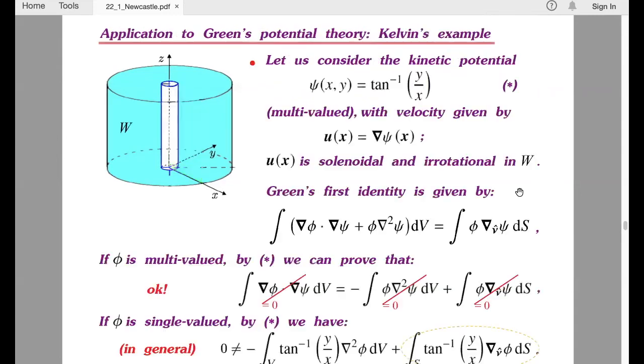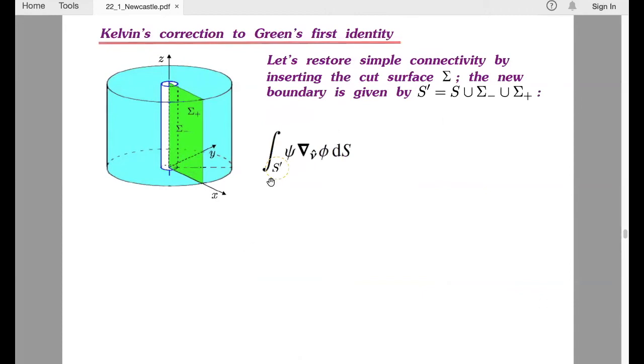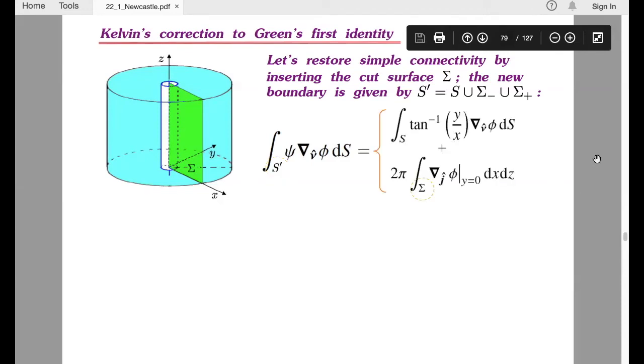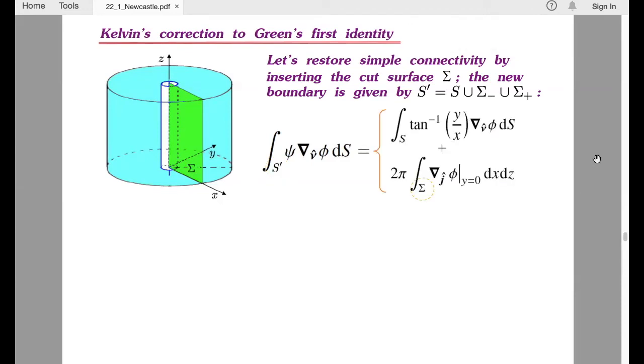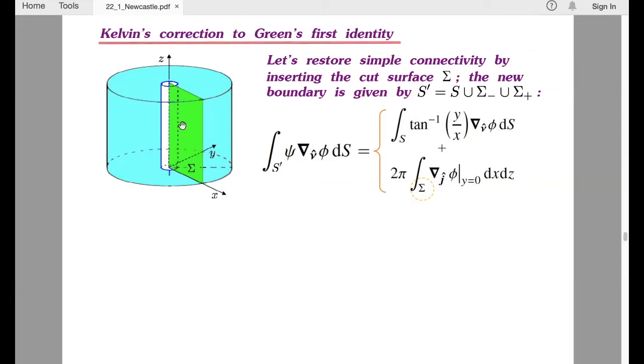Remember, I'm just going back with these slides. The emphasis is now on this term, on the surface integral, because the surface integral has now to be redone in terms of the new surface S prime that includes the two sides, the two faces of this sigma cut. One part is this one, and the other part is working out the arctan on the surface on one side.